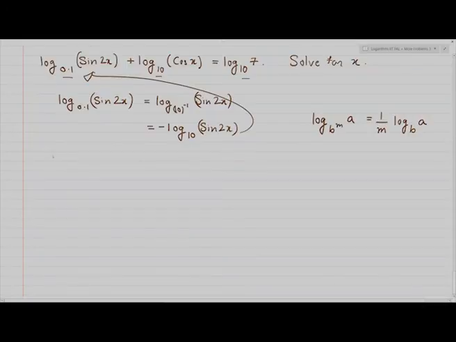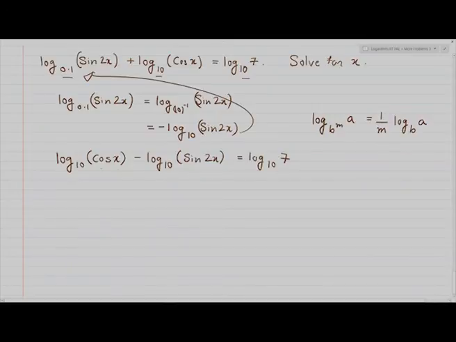My expression now becomes, then I will rearrange: because this has a positive sign, I will write it first, log to the base 10 of cos x minus log to the base 10 of sin 2x is equal to log to the base 10 of 7. This is given to us.